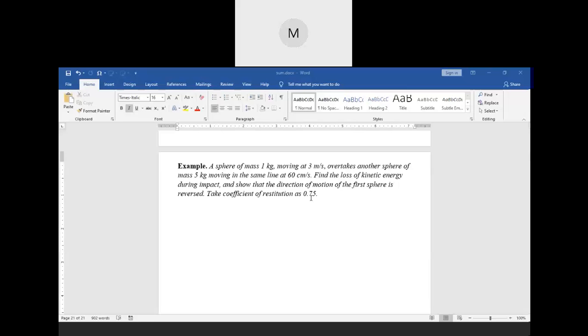Now look, we have to find out the loss of kinetic energy during the impact. For the loss of kinetic energy during an impact, there is one formula. Which formula will you use for it? Wait, I'll tell you.